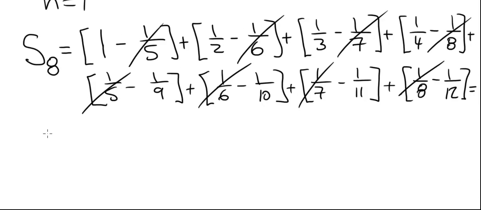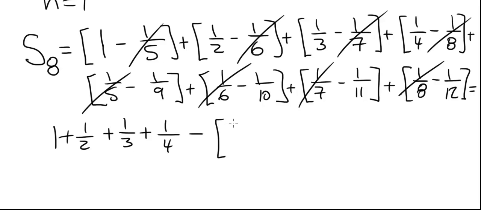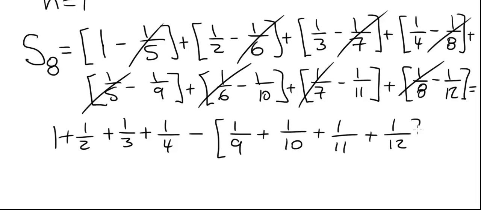Now what we have left are 4 terms that are added and 4 terms that are subtracted. So we have 1 plus a half plus a third plus a fourth, and then minus we have 1 over 9 plus 1 over 10 plus 1 over 11 plus 1 over 12. Now we can add and simplify 1 plus a half plus a third plus a fourth.